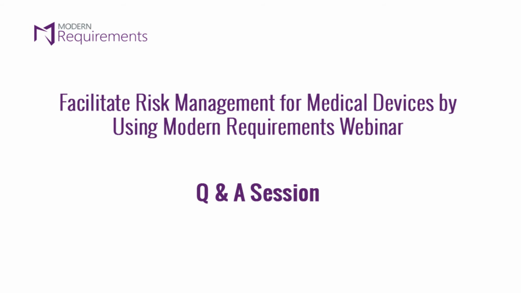Thanks, Asif. The next question is, what is the difference between baselining and versioning? I'll pass that also to Asif. So there are actually three concepts. There's baselining, there's versioning of smart docs, and there's revision control of work items.